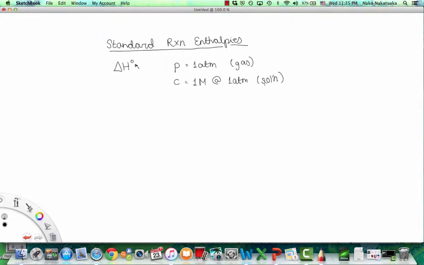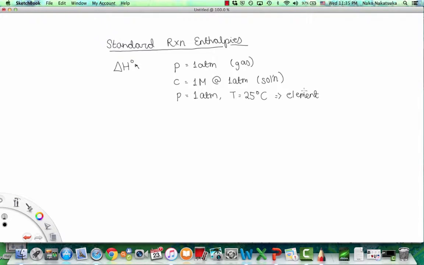And the standard state for an element is its most stable phase at 1 atmosphere and the temperature of interest, which is usually 25 degrees Celsius. So pressure is 1 atmosphere, temperature is usually 25 degrees Celsius, and this is for an element of interest, in its most stable phase.